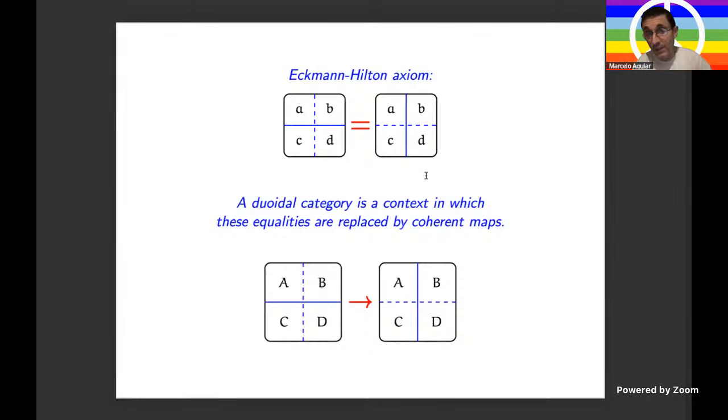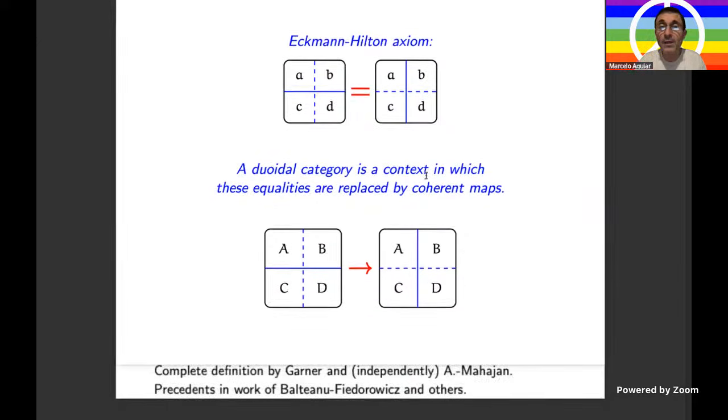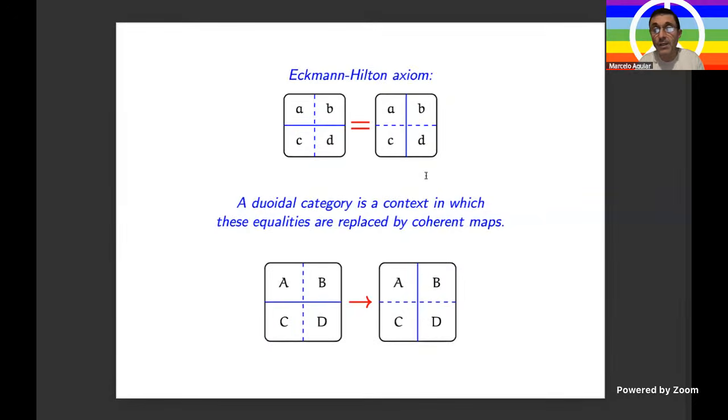If we view the Eckmann-Hilton axiom in that manner, then we may say that a duoidal category is a context in which we replace the set by a category, the two operations by two monoidal structures on the category, and the axiom linking the two operations by a natural transformation, subject to some coherence conditions, between these two objects.